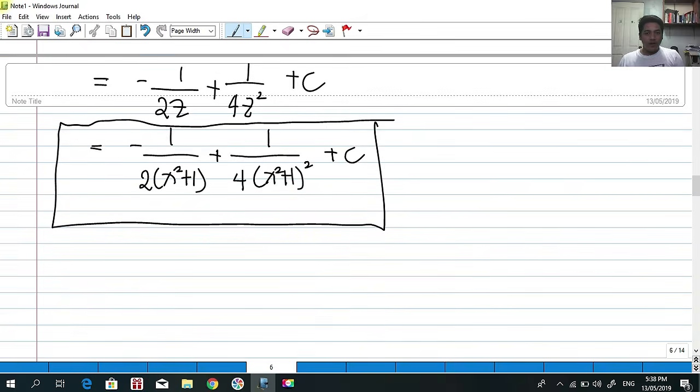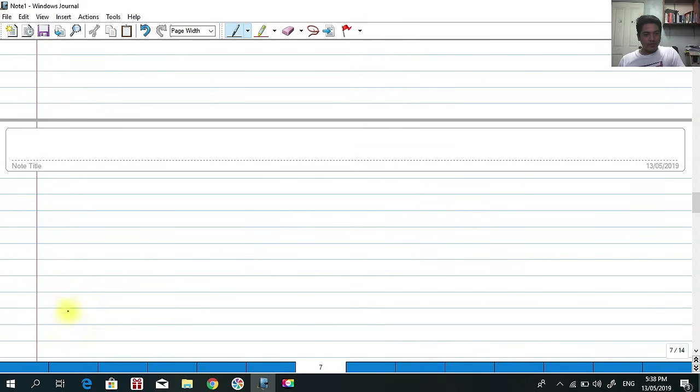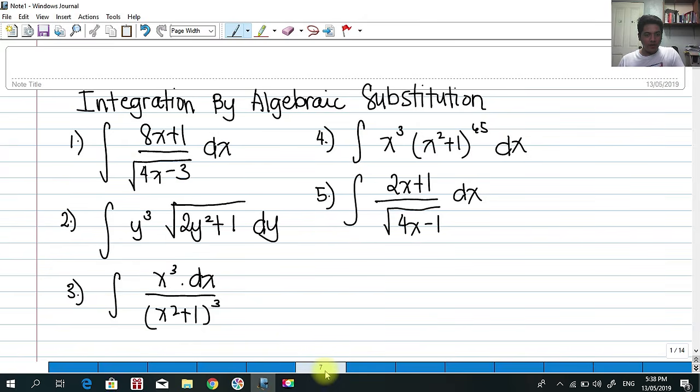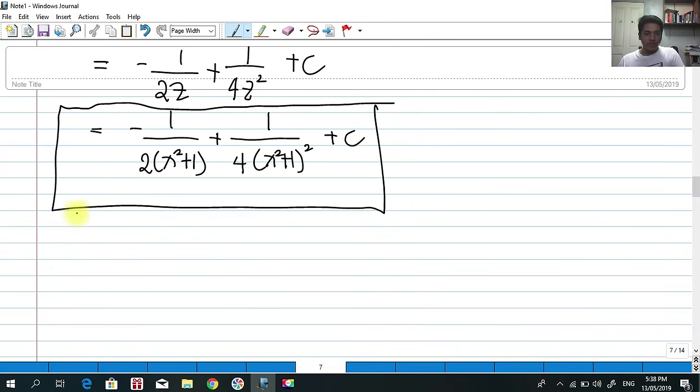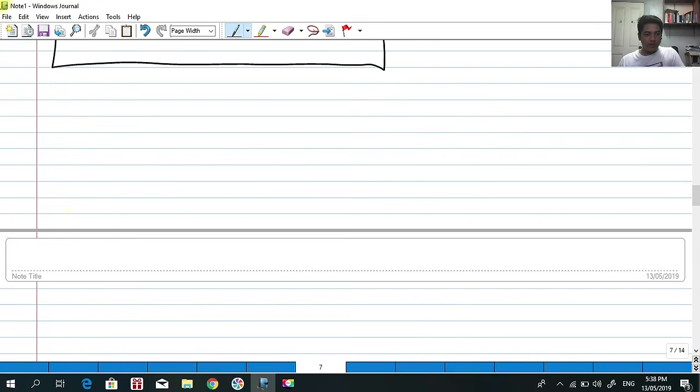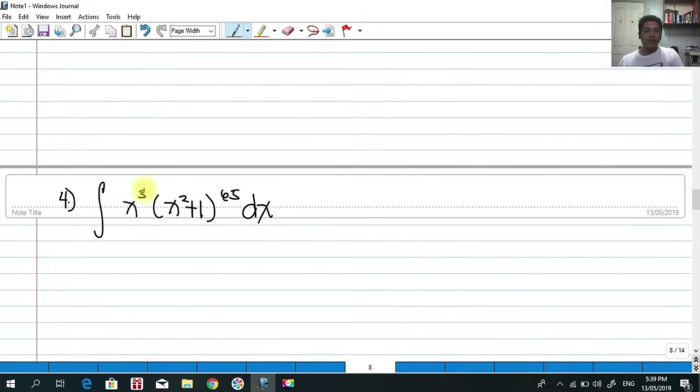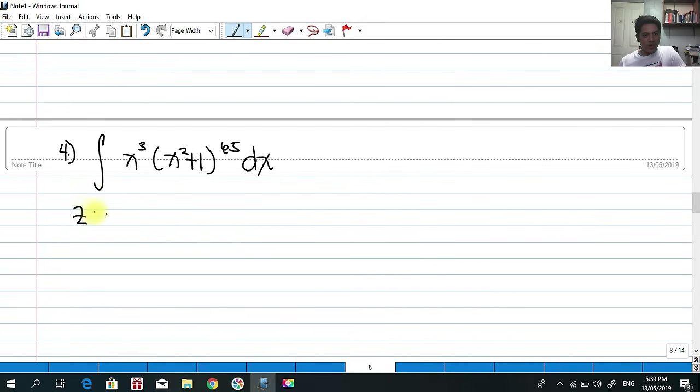So for number 4, we have here the integral of x cubed times (x squared plus 1) raised to 65 dx. Okay? So we have to choose z as x squared plus 1 and get it in terms of x.